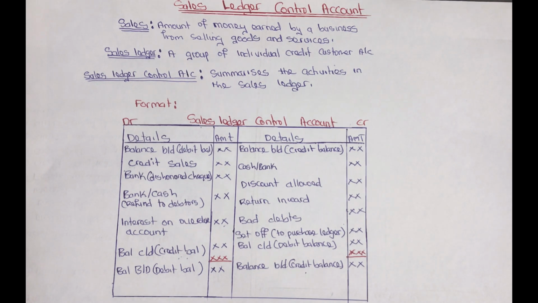You see the credit balance in the sales ledger control account, and we have the debit balance. We have two credit balances here: the opening credit balance and the closing credit balance.